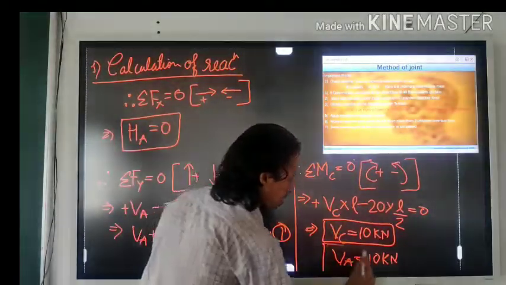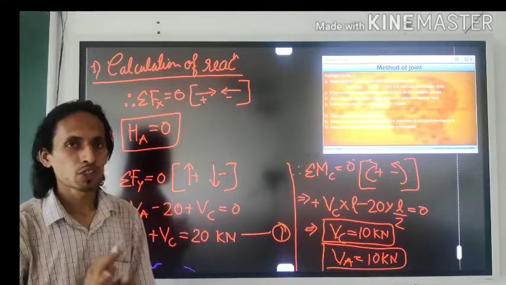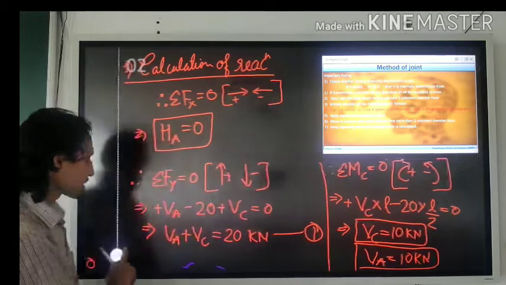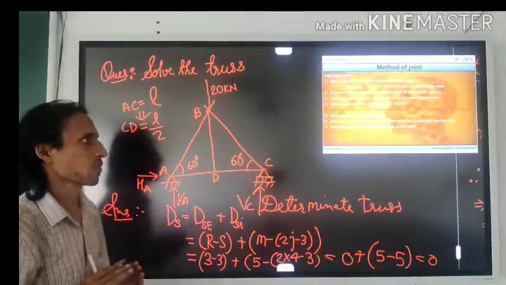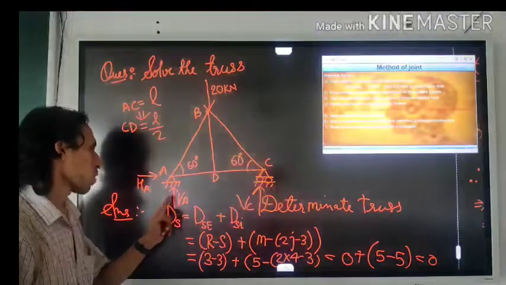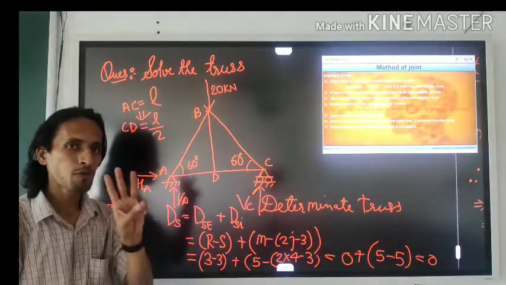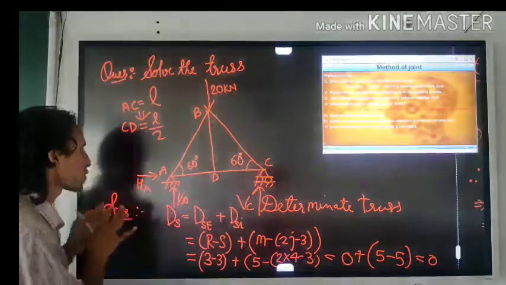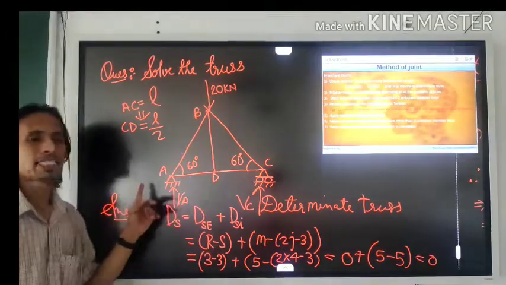Okay, now you want to apply the method of joints. So you need to select the joint from which you are going to start. See here how many forces there are: 1, 2, 3 and 4. There are four members. This HA is 0, so this force will disappear. Why is HA vanished?